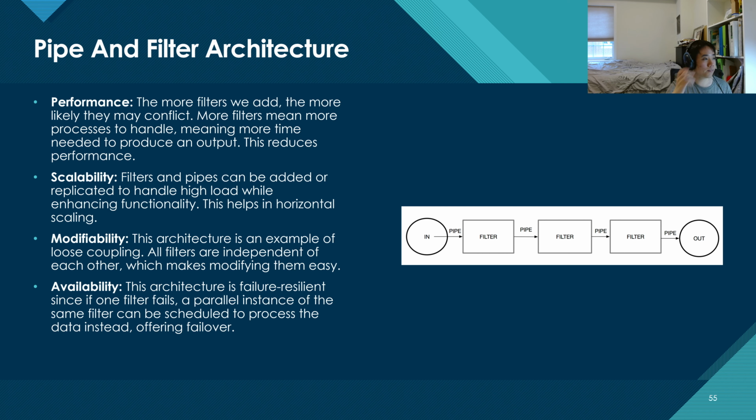So, performance. The more filters we add, the more likely they're going to receive some conflicting stuff. So be really careful. This particular architecture really isn't made for time-consuming processes.